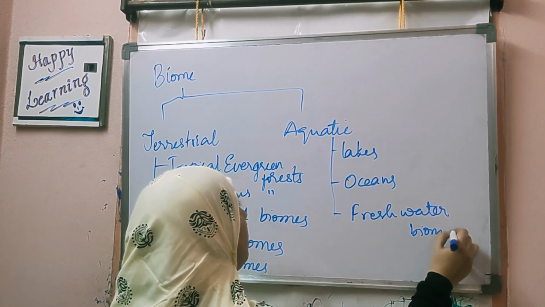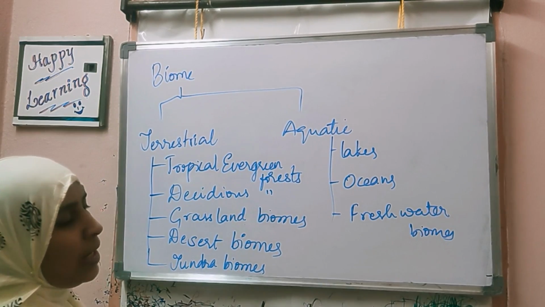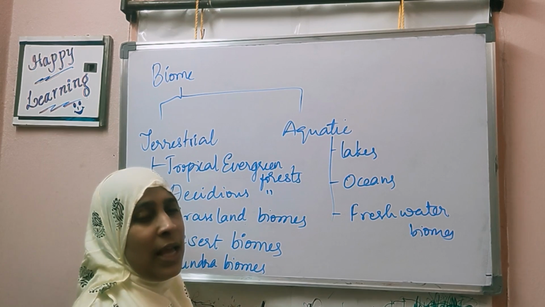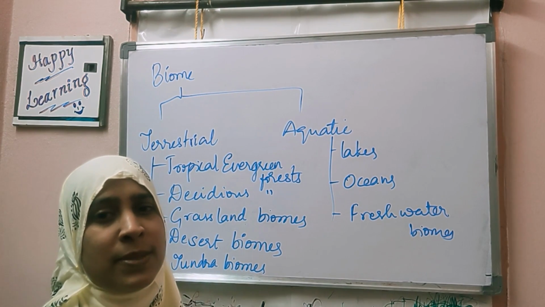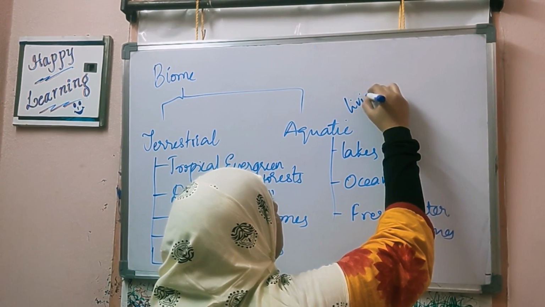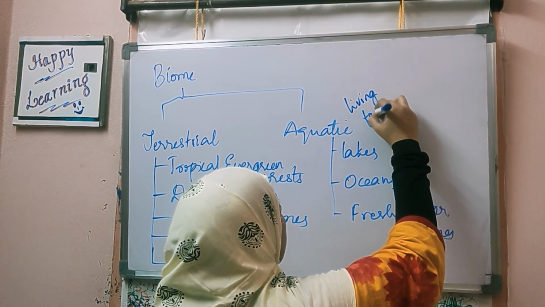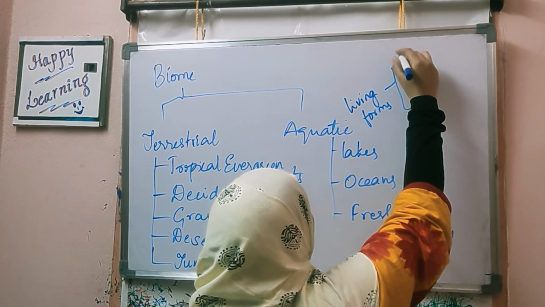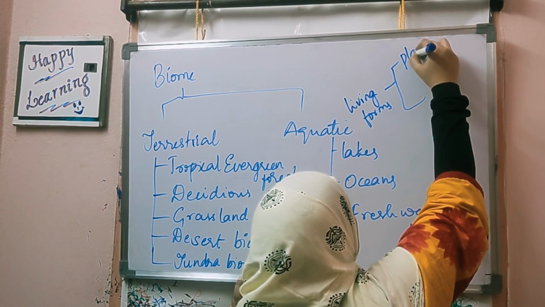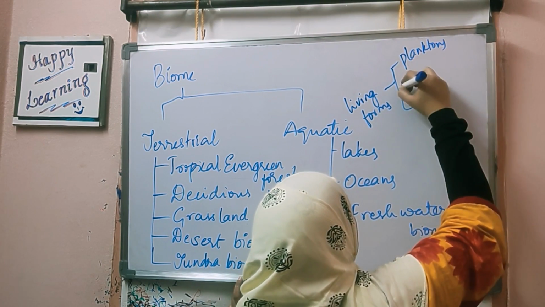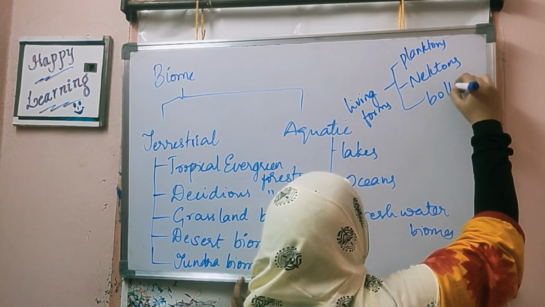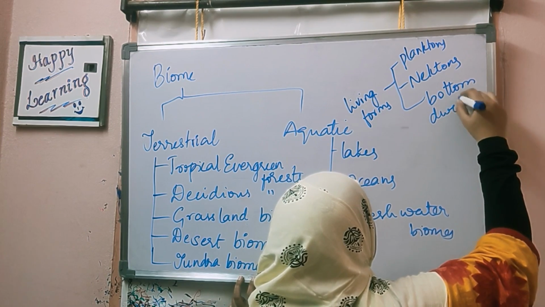But when we discuss aquatic biomes, we are not discussing the classification of biomes, but the classification of the living organisms distributed in these aquatic biomes. Living forms are divided into planktons, nektons, and bottom dwellers.